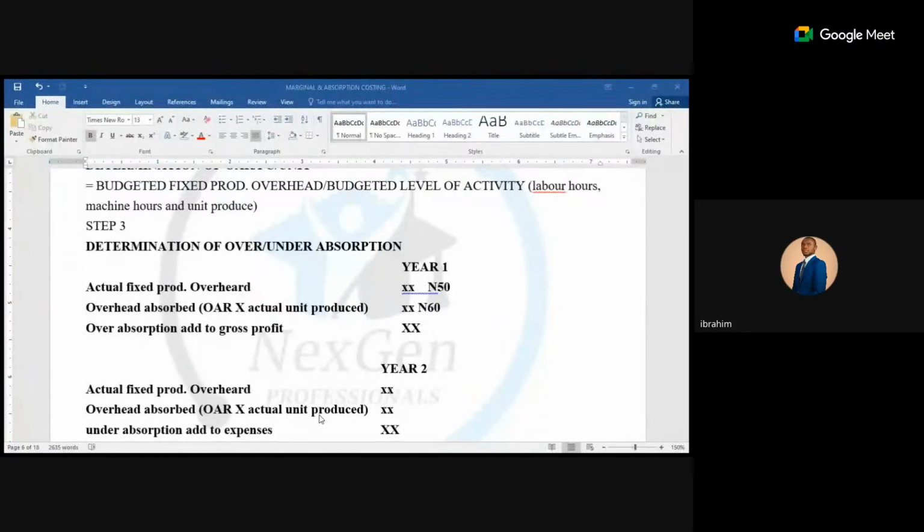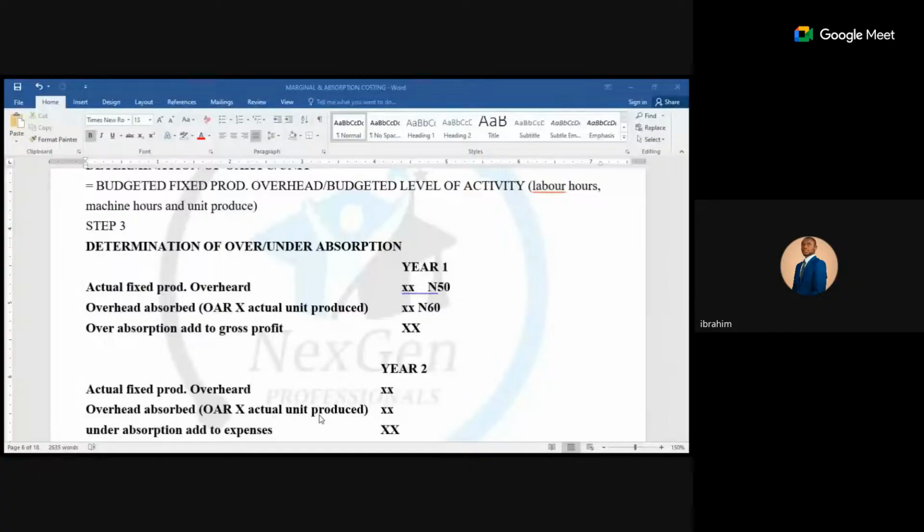You cannot compare Franca and Abidemi because they must have something in common first. Now relate it with actual and budgeted. You cannot compare budgeted with actual without budgeted having the element of actual. That is why you multiply by actual unit produced.